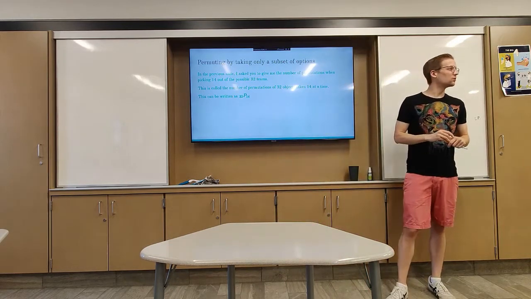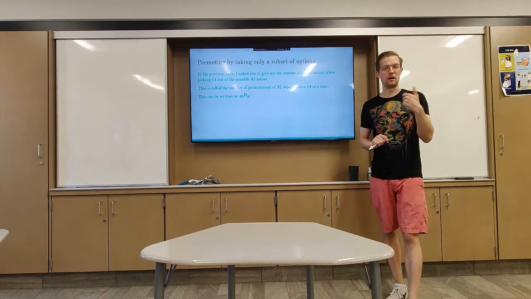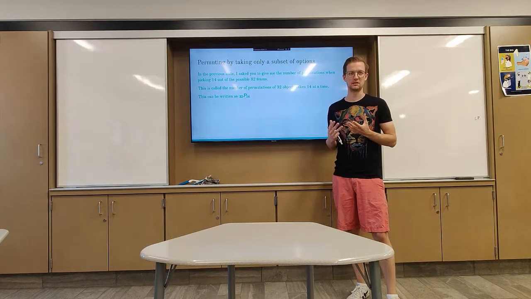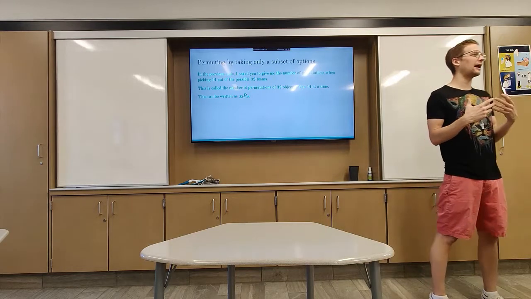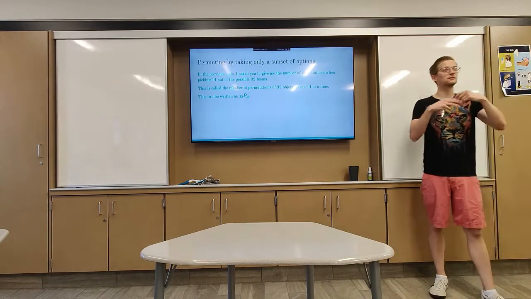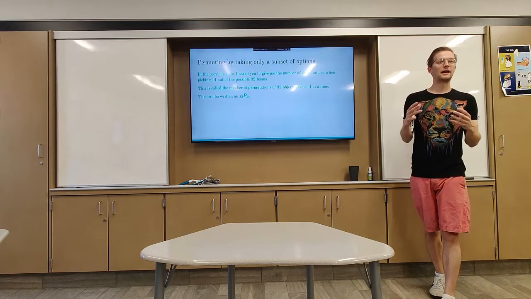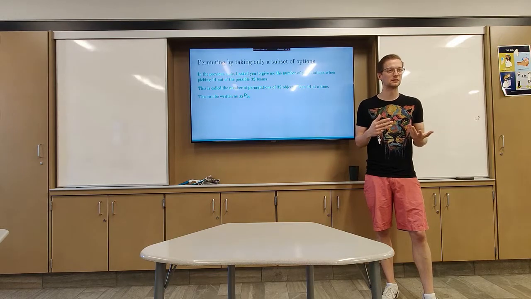Okay, so yesterday we learned about permutations and also whenever we pick a subset from a bigger list of elements. So the permutations were stuff like, let's say I have a list of 10 things, and I want to see how many different ways I can order those 10 things.